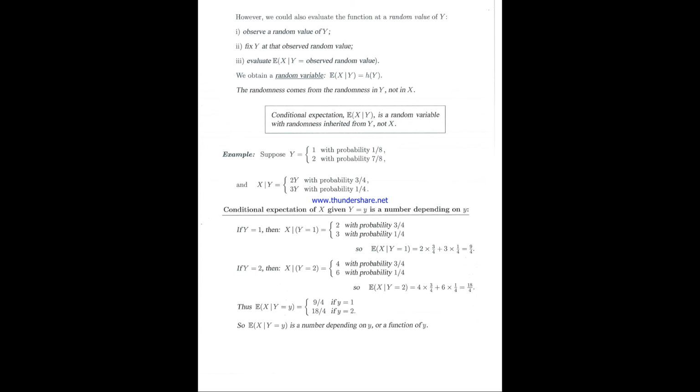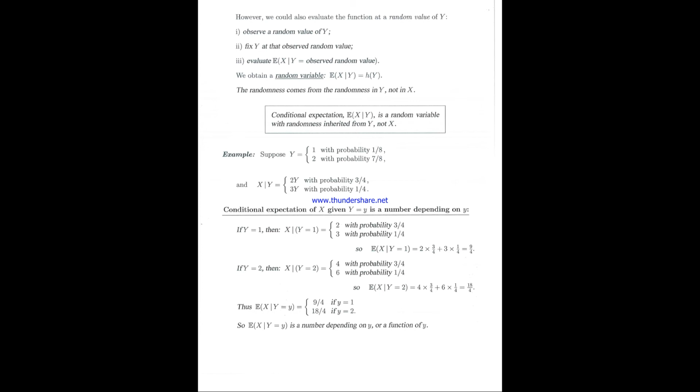And then x given y, that is the conditional distribution, is equal to 2y and 3y with the probabilities 3 over 4 and 1 over 4. Now we are going to calculate the conditional expectation of x given y, so you have to calculate the values of x when you fix the value for y.